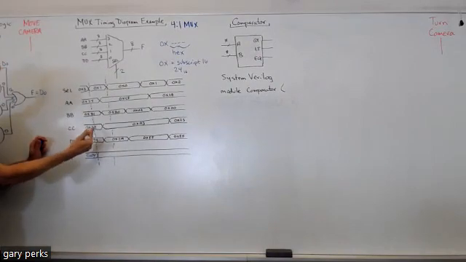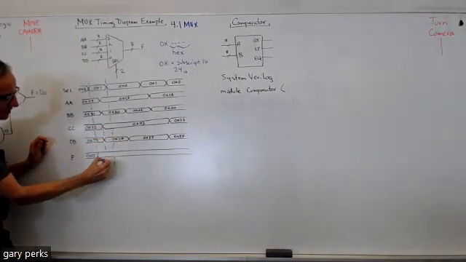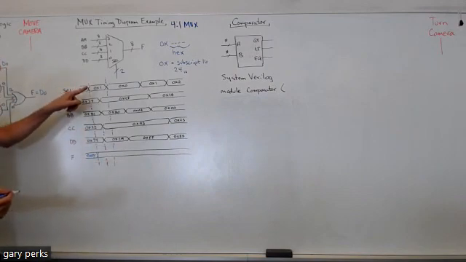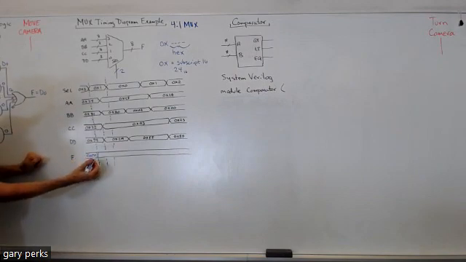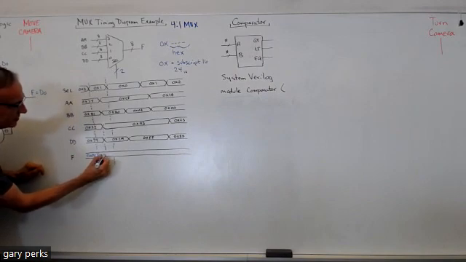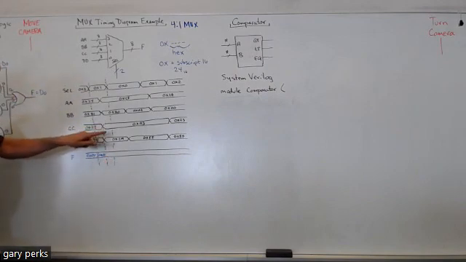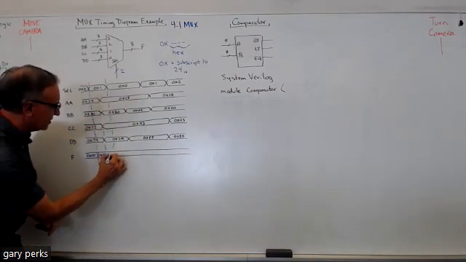And look, data CC changes at this point. Just when the select changes from a 3 to a 1, the output is going to equal 22 hex. So it would be 22. And then it changes to A3 hex. So right here it would be A3 hex.